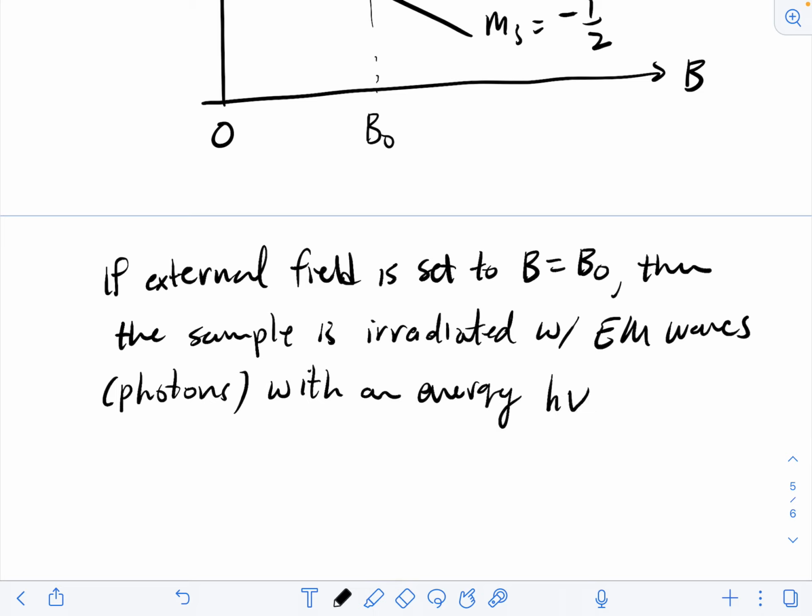So nu is the frequency of the radiation, and so again, for a typical ESR experiment, this might be around 10 gigahertz or so. So we're going to match that frequency to the splitting of the spin states.